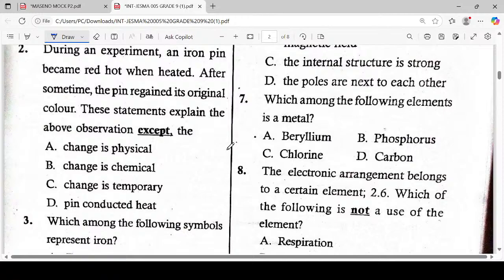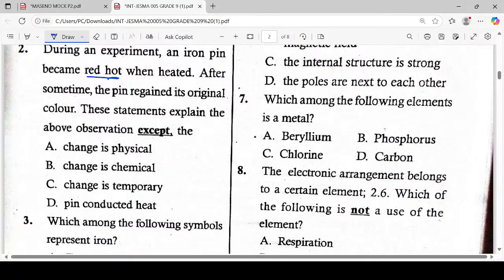They're talking about physical change. Yes, there was a physical change because from the physical point of view, we could see it becoming red hot, meaning there was that physical change. Part B, change is chemical.